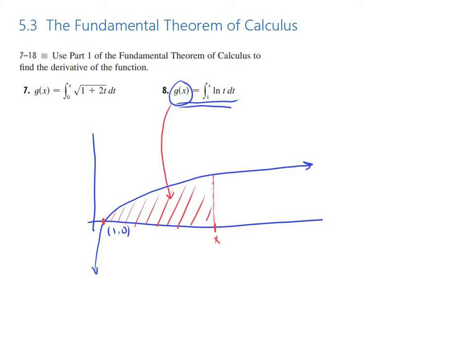So g of x by definition is the area under natural log of t from 1 to x. And there is some algebraic function that would tell me this area for any 1 to x. They are really interested here not in what that g of x function is, but particularly in what the derivative of that area finding function is.